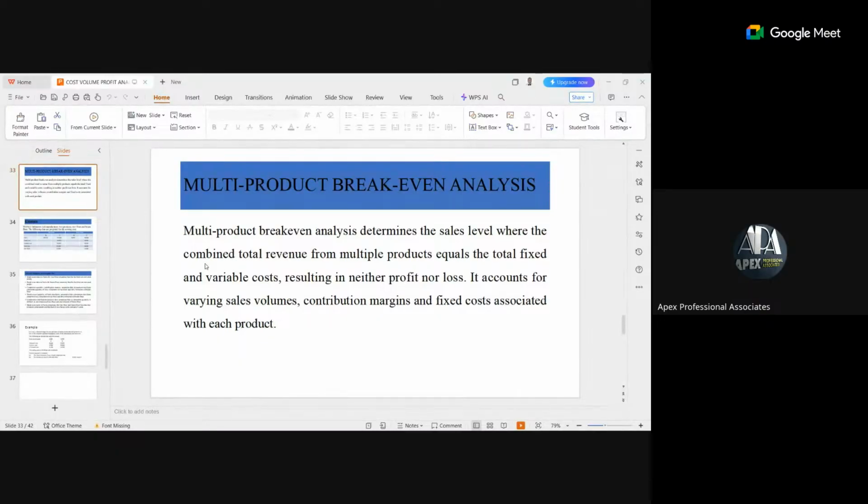So cost volume profit analysis is a performance management technique used to study the relationship between cost, sales volume, and profit. So what is the importance of these concepts in performance management? It helps businesses to understand how changes in costs and sales levels affect their operating profits.